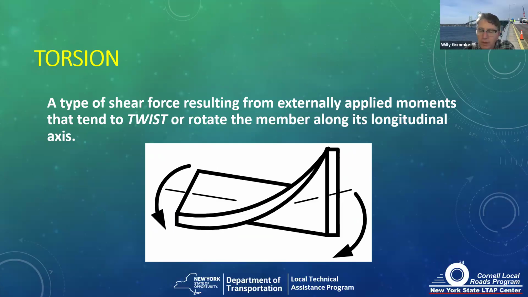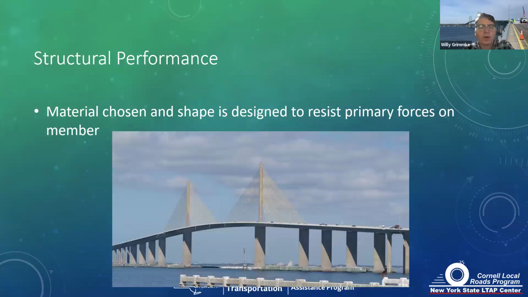In some cable supported bridges, we will have potential torsion under wind loads, and those will want to be resisted. So for structural performance, we want to choose our materials to resist whatever forces those members are going to have to support.